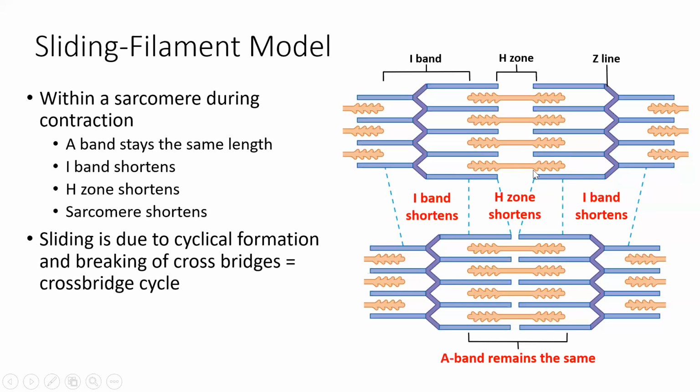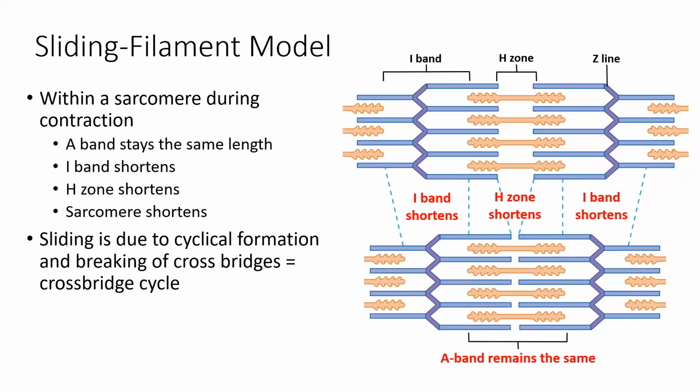Remember, we said that they're not shortening. If they were shortening, the A band would also get smaller. But because they're doing the sliding motion and they're not shortening, the A band, the area of overlap, actually remains the exact same. Okay.